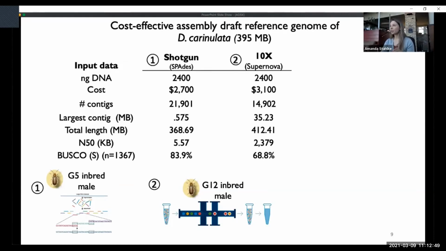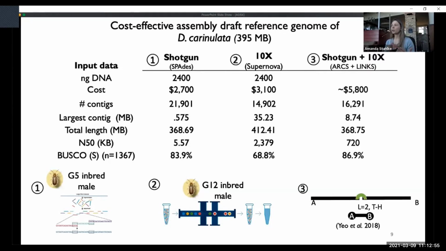But where these data are really powerful is in scaffolding the contigs. And so we used this ARCS and LINKS method to link the contigs of our shotgun assembly with the 10x data and reduced the number of contigs, bumped up our largest contig and N50 and the single copy orthologs. And so great, we have a nice cost-effective assembly of Diorhabda crenulata.